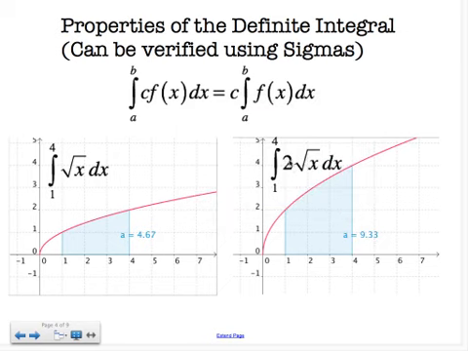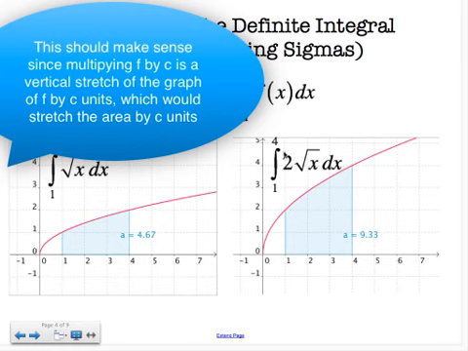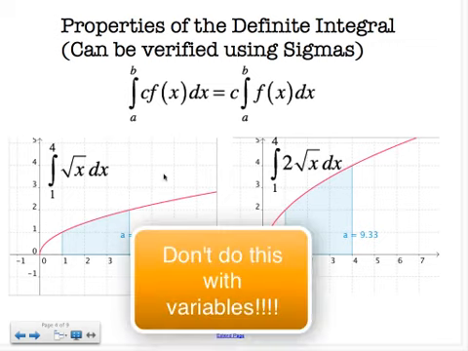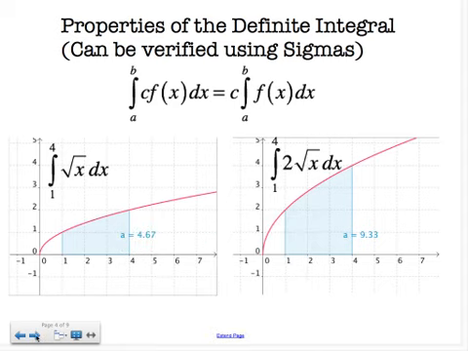I should get the same answer if I just took the area of the square root of x, which is 4.67, and multiplied that by 2. And you can verify yourself that that's true. So you're allowed to pull constants out of integrals and have no penalty. Just remember to multiply your answer by that constant. You're not allowed to pull out variables, though, so be very careful you don't ever do that.